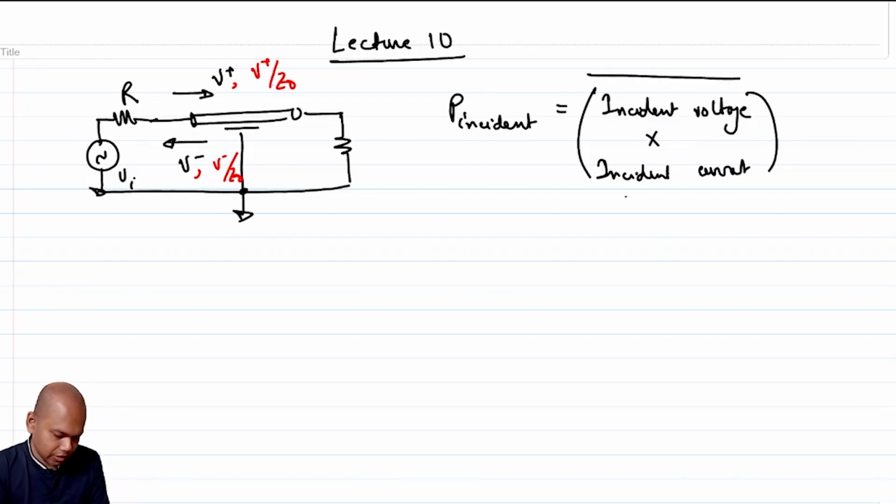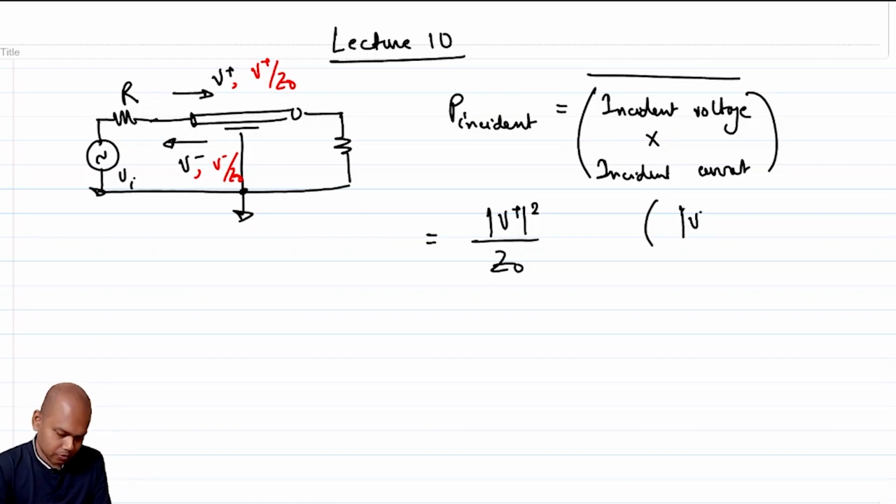Which is nothing but mod of V plus squared by Z naught, where obviously I have assumed that V plus is the RMS value of the incident voltage wave.